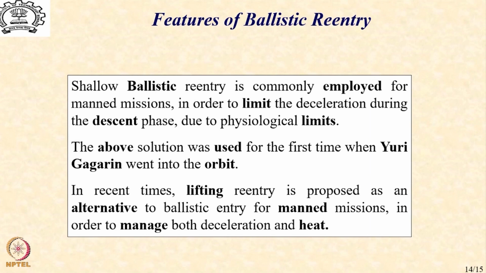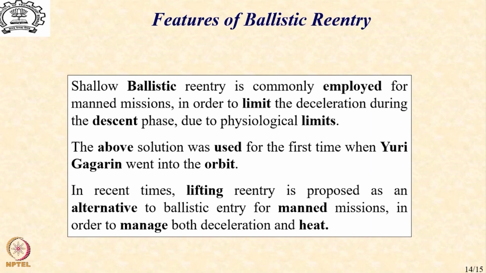In recent times, this option has been replaced with a more flexible and viable option of lifting re-entry, in which the lift is used to manage the deceleration and also is able to manage the heat load, which is not possible during the shallow ballistic trajectory.